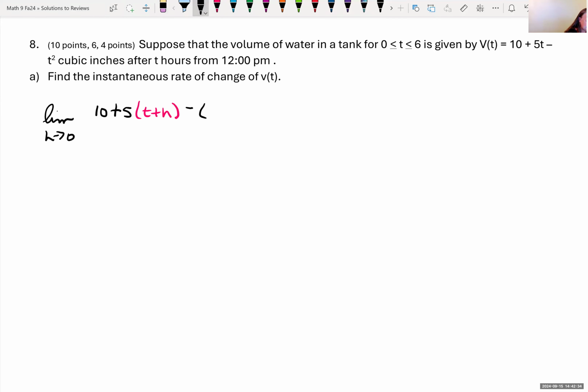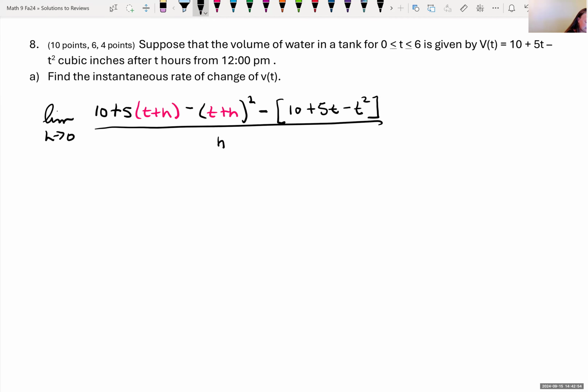Minus, I see a t squared, so plug in t plus h, and that quantity is squared. Minus my V of t function. That negative is going to have to be distributed to each term in V of t. So put a bracket around your V of t function, all over h.